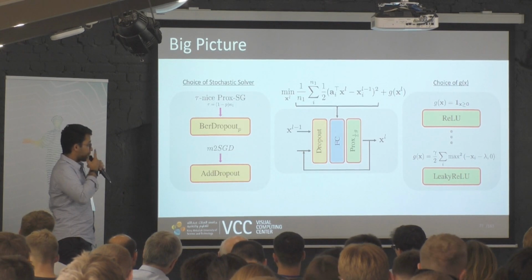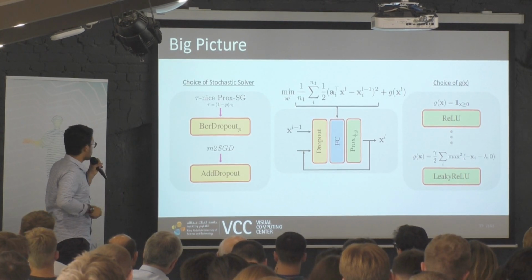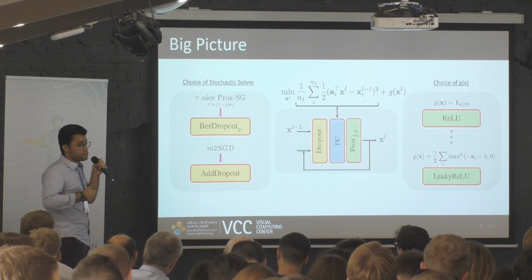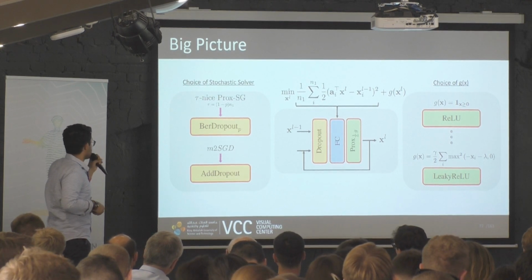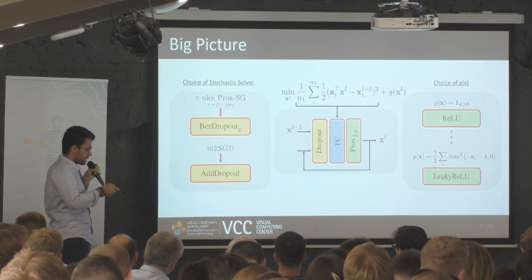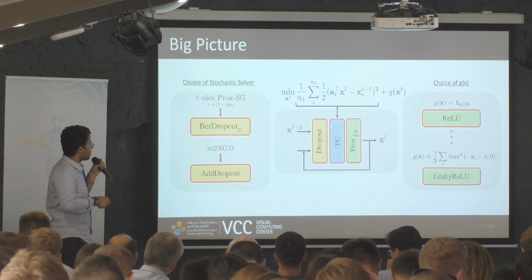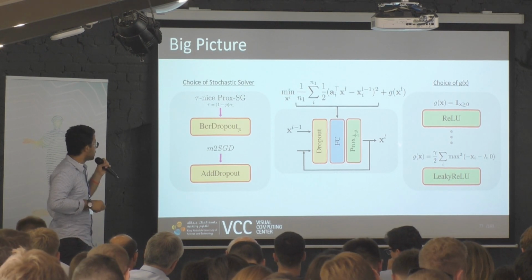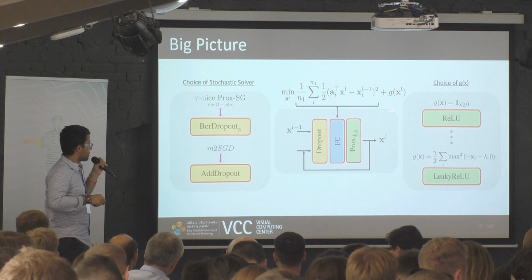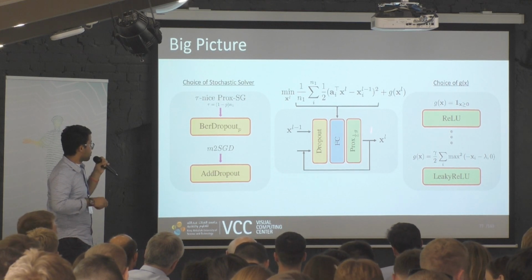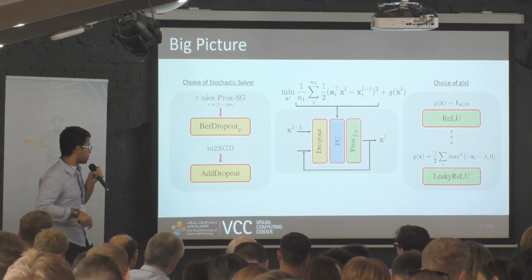Okay, so this is the big picture. Great. So the choice of the stochastic algorithm, or the choice of, if you will, a deterministic algorithm where the mini-batch size is as big as N1, will play a role in what dropout layer you're looking for. If the change in the prior term of the output activations plays a role in the change of the proximal operator.